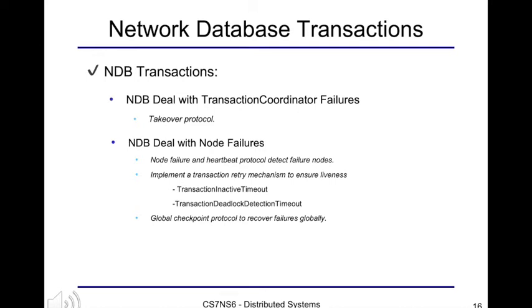NDB implements node membership and heartbeat protocols to ensure agreement on which nodes have failed among surviving nodes in the cluster. To ensure liveness, NDB uses different timeouts, such as the transaction inactive timeout to abort the transaction if the client abandoned it, as well as the transaction deadlock detection timeout to abort the transaction in case of node failure, high load, and deadlocks.